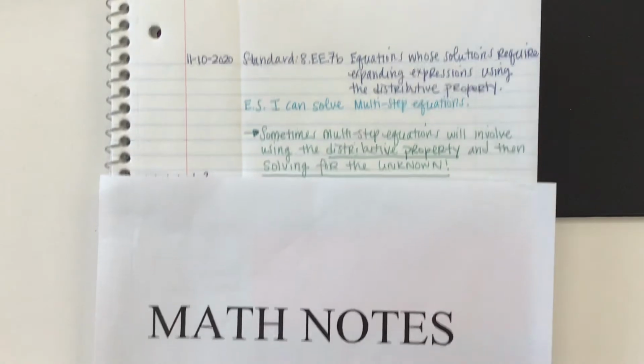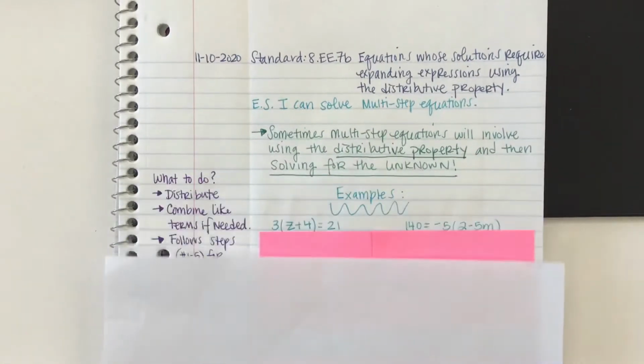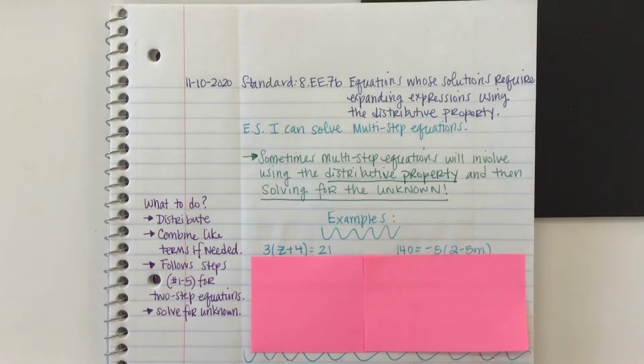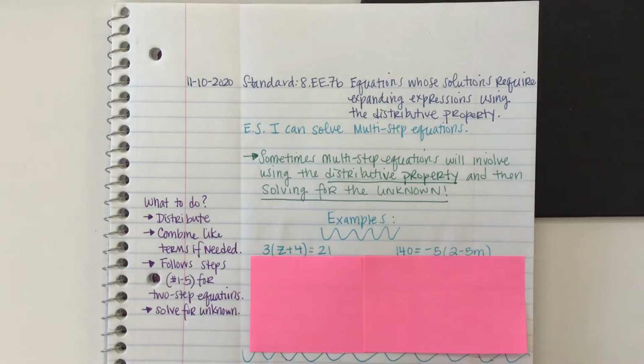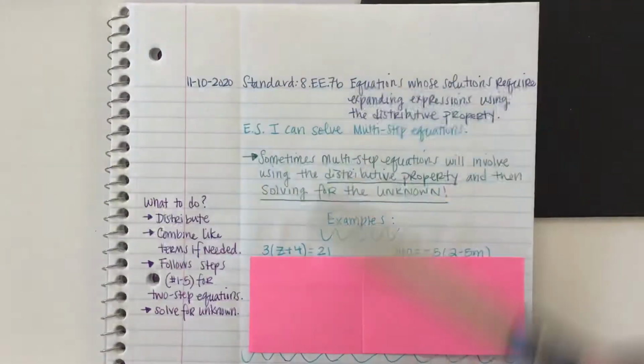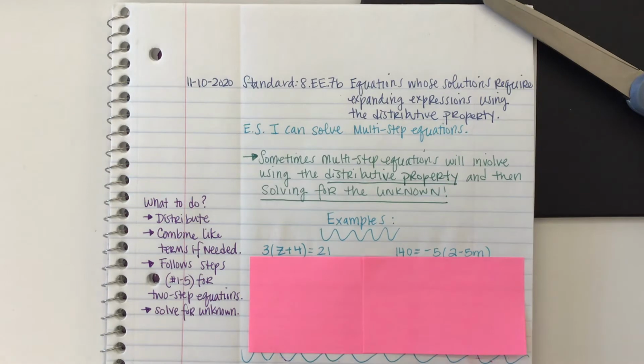Okay? So again, here we have, let me move this down so that you can see. On the left-hand side, I put in a couple of hints that you need to know or refer back to if there's something that you forgot while doing a problem. The first thing is distribute.